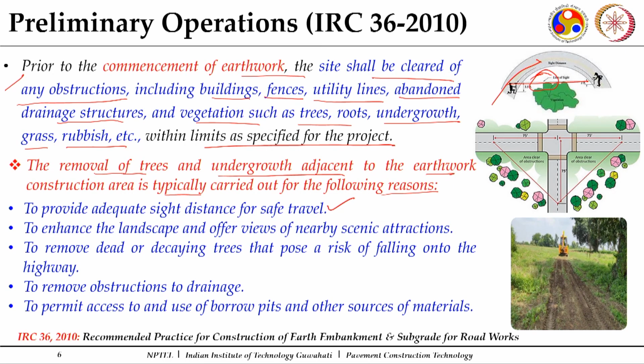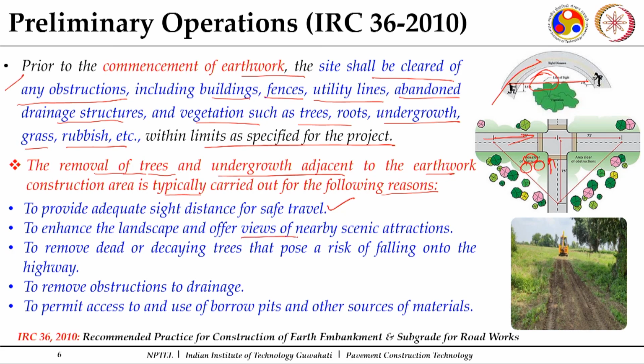Specifically at intersections also, similarly, if I place some obstacles here, one coming from this side may not be able to see what is coming from that side. So you need to make the line of sight clear, and for this you may have to remove some adjacent structures, or some trees or other obstacles, posts which are present there. First is to provide adequate sight distance.